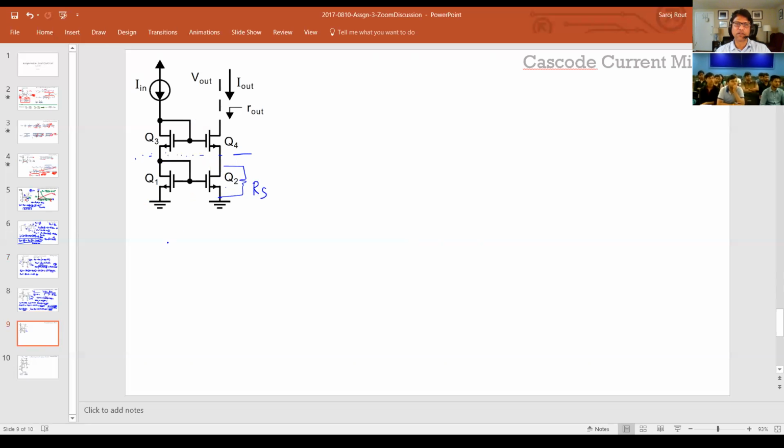So this is your equivalent RS. So if that's the case, I can straightforwardly write the output impedance. The output impedance is nothing but, in this case, RDS4 times 1 plus GM4 times RDS2.